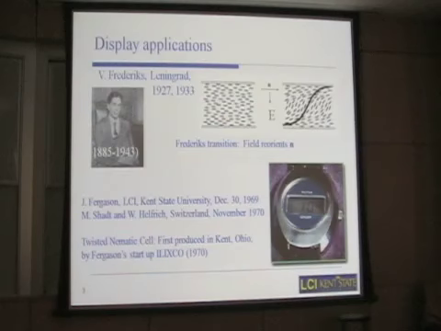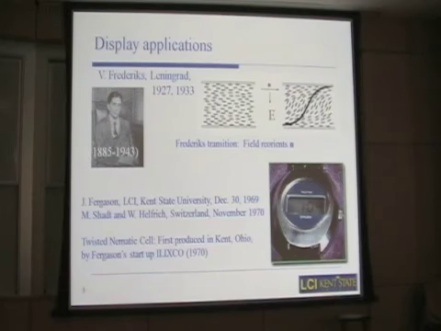So as I said, the claim to fame for these materials is display applications. Some 80 years ago, Fredericks in the former Soviet Union discovered a famous effect, the so-called Fredericks effect, that when you apply an electric or magnetic field to the aligned slab of the liquid crystal, the molecules reorient because of the diamagnetic or dielectric anisotropy.